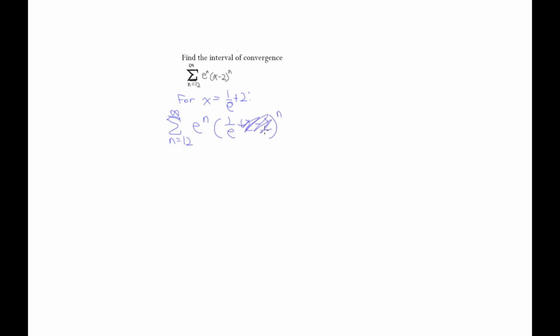Okay, so this will cancel out and equal 0. And this is equal to e^n multiplied by 1 over e^n.